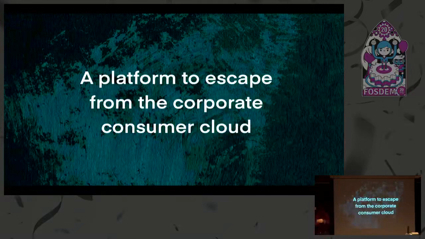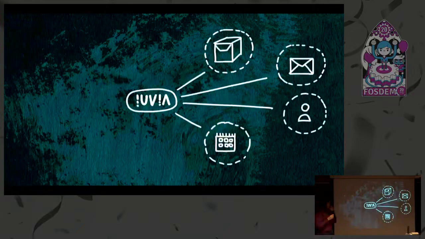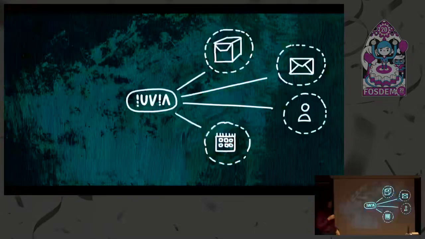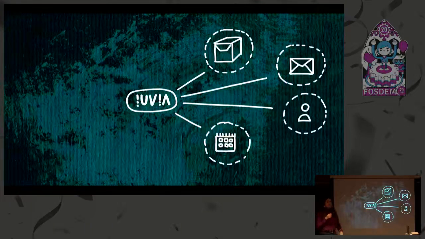So what is Juvia? Our project. Juvia is a physical device that everyone who wants it will have in their house, and there you can have storage, email, contacts, calendar, or any kind of app that you can download from a decentralized marketplace.